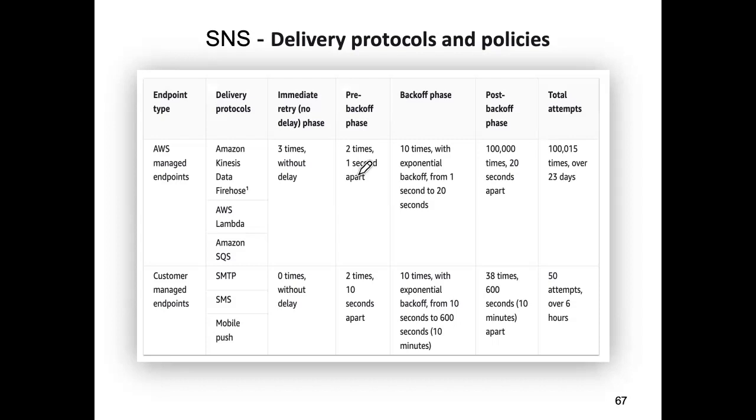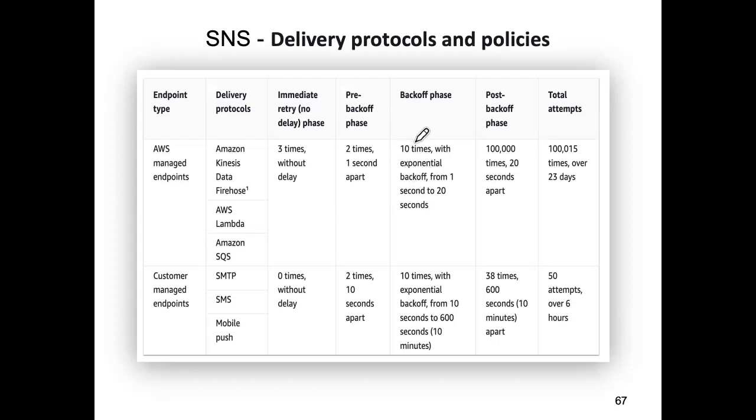If there's still failure, what happens from then on depends on the nature of the failure. If the failure is happening because the subscriber is busy, then it follows what's called an exponential back-off approach towards retrying. The specifics are here.